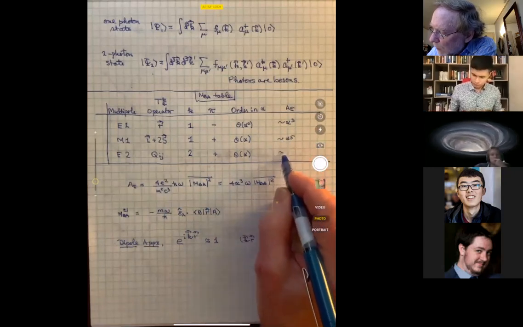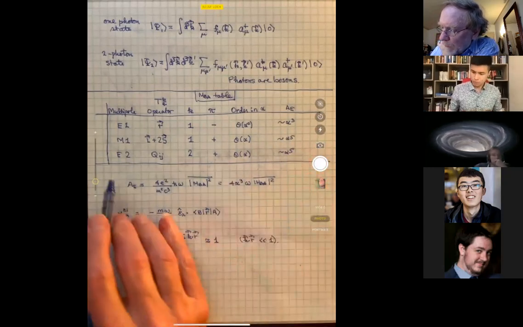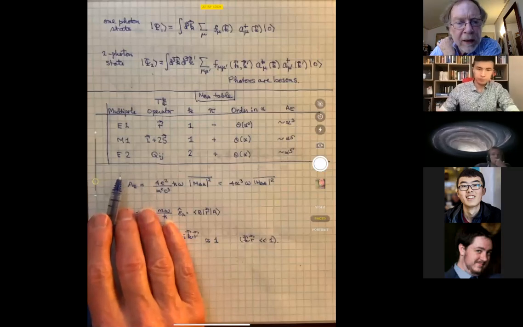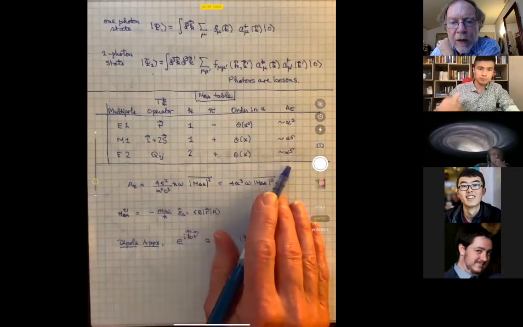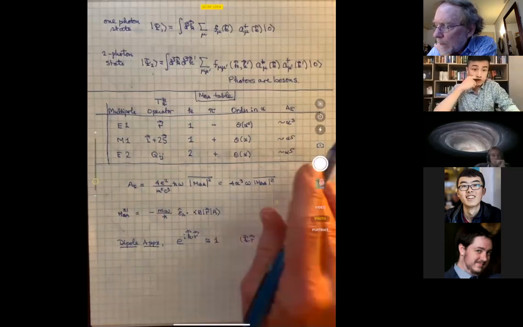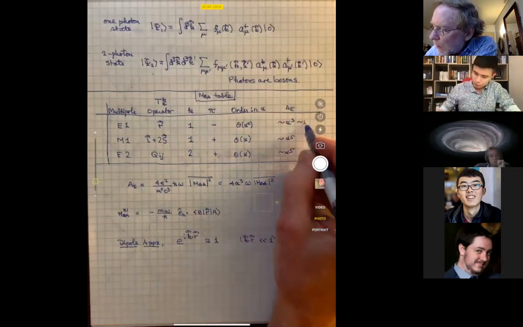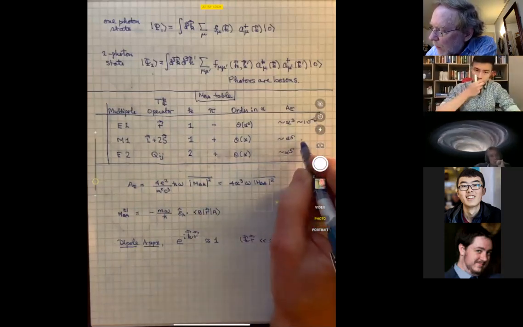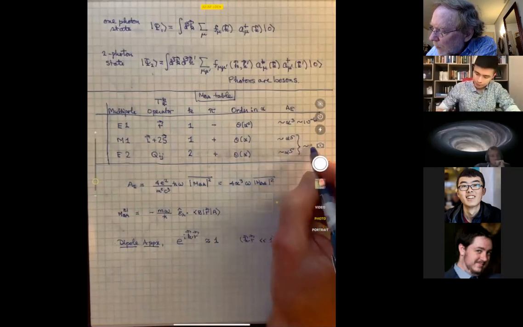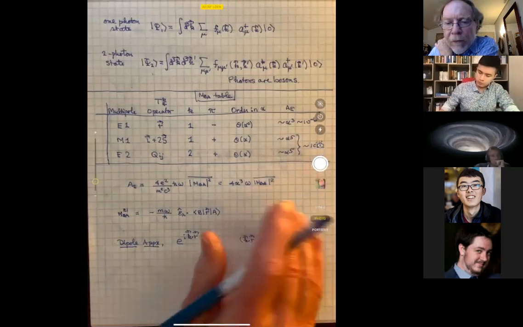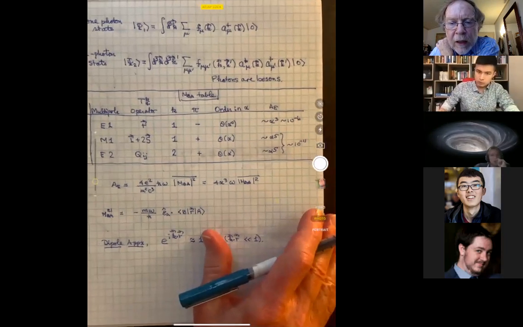Both of them do, they're the same order of magnitude. If you go to higher multipoles, such as magnetic dipole, you'll find it goes like alpha to the 7th power, and so on. Well, alpha cubed is about 10 to the minus 6, and alpha to the 5th is about maybe 10 to the minus 11, very roughly.